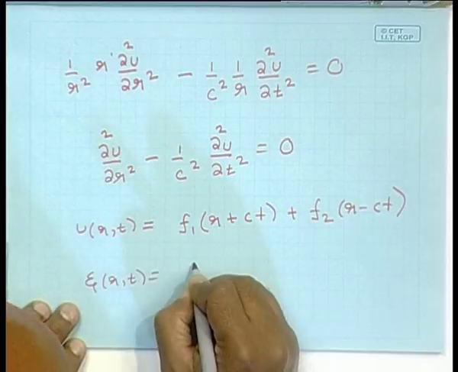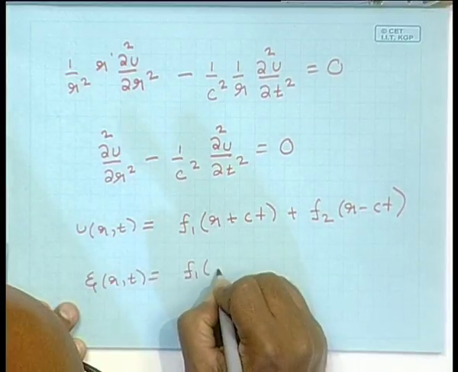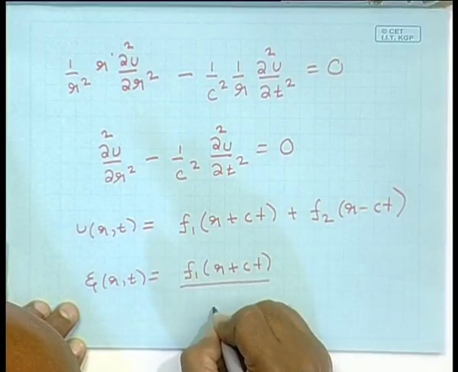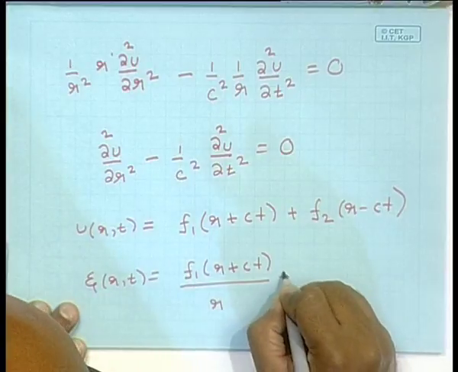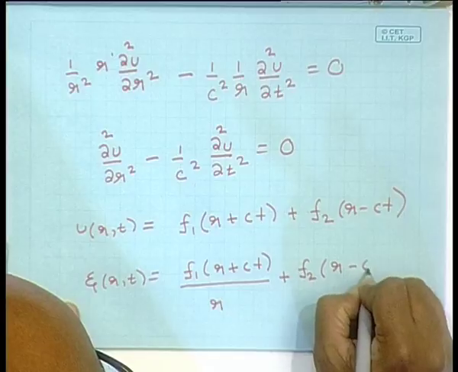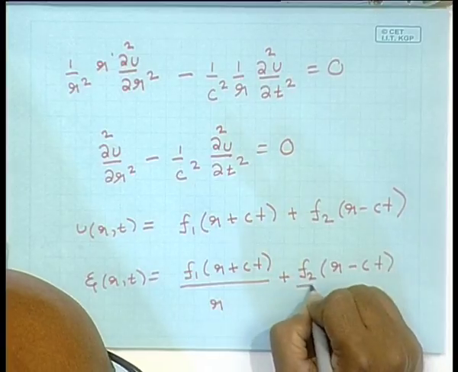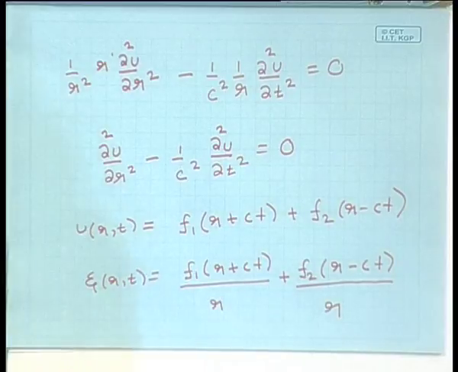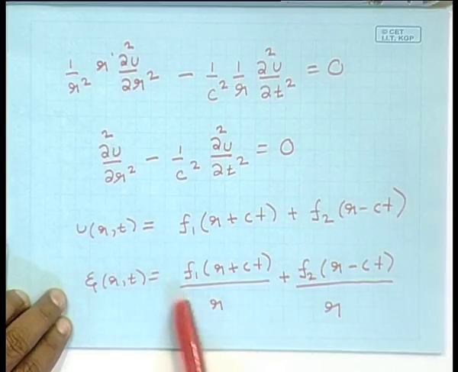This is going to be f1 of r plus ct divided by r plus f2 of r minus ct divided by r. So we have worked out the spherical wave solutions, and again we see that the spherical wave solutions are a sum of two parts.